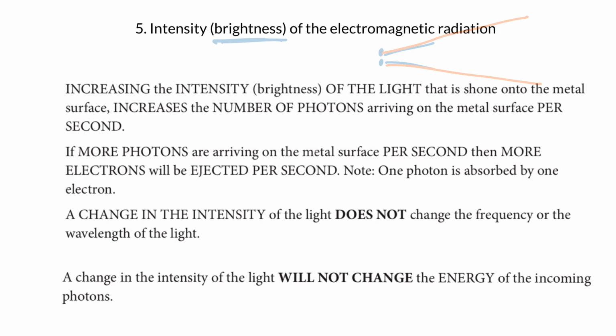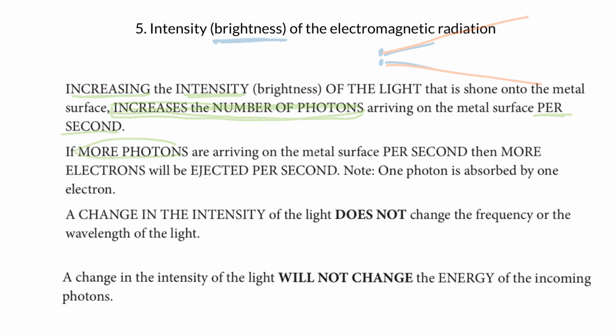So what we need to understand is, how does the intensity of the light affect the number of photons that arrive onto the metal surface? So if we increase the intensity of the light that is shown onto the metal surface, it will increase the number of photons arriving. So that's the first thing. It's going to increase the number of photons per second.